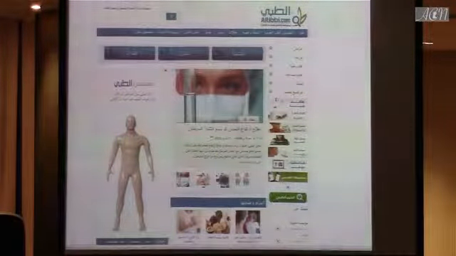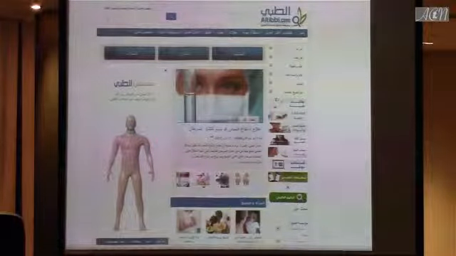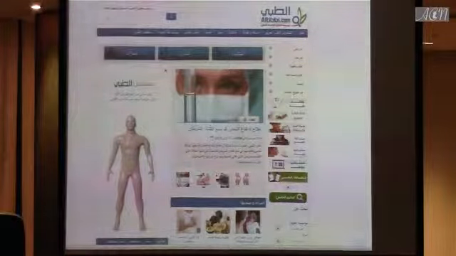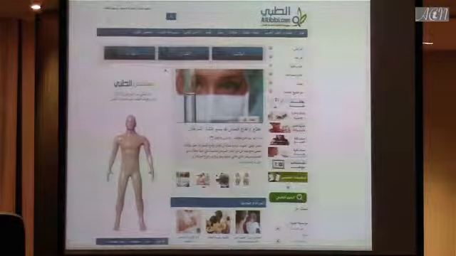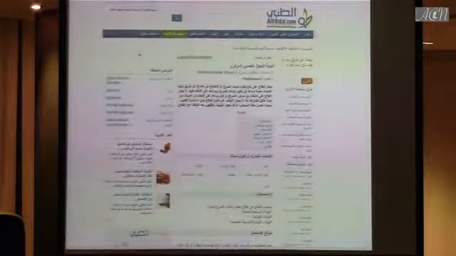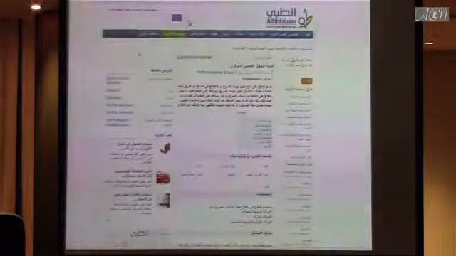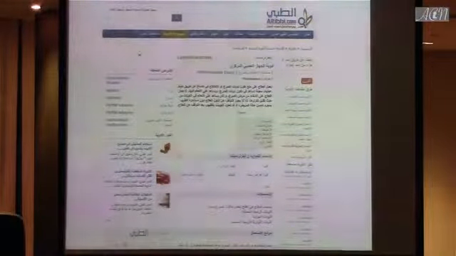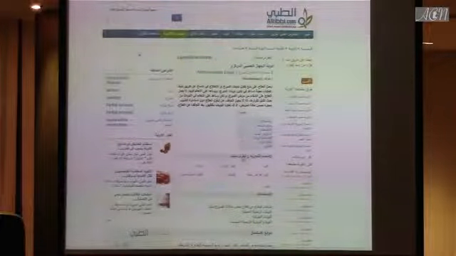Now, unfortunately, we don't have much in the way of Arabic websites, so we have some time to go and do translation. This website called Altibbi, I find very helpful for drugs. You can push on the medication here. You put it in English, and they will pull all the information about Keppra, for example.